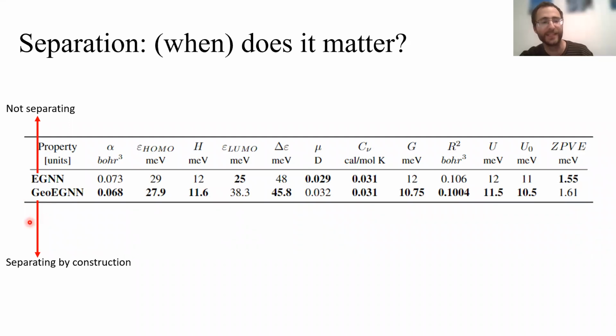We tried to see how well these two architectures perform on this regression task, and we get a mild improvement in most of these targets, not all of them. So that's nice.